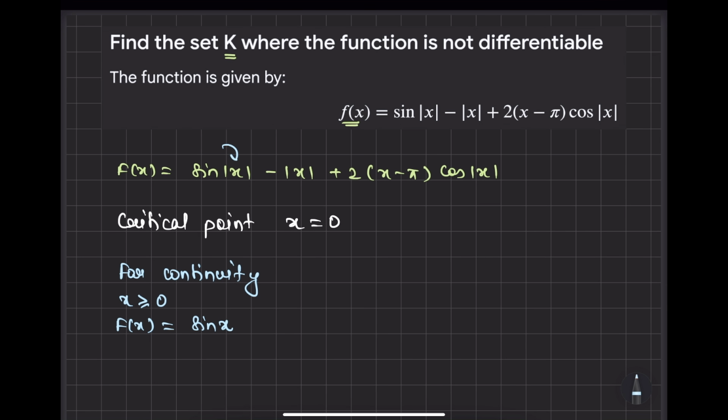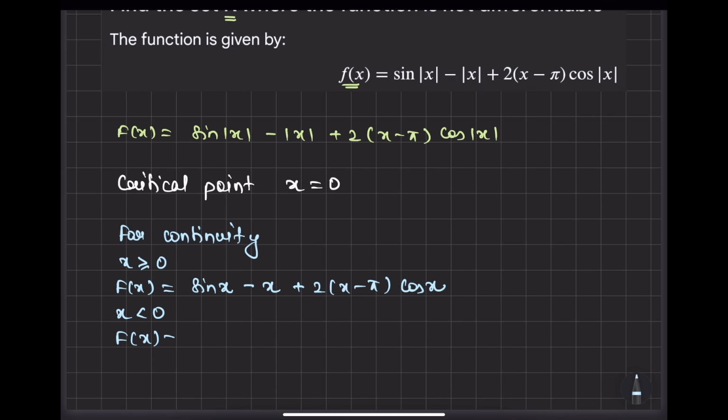Now x is less than 0. So in place of mod x, you have to put minus x. So sine of minus x will become minus sine x. This thing will become plus x. Then plus 2 times (x minus pi), and cos of minus x is nothing but cos x.